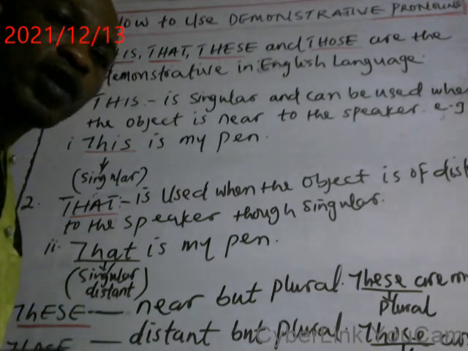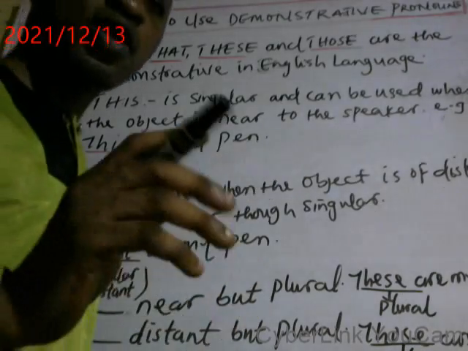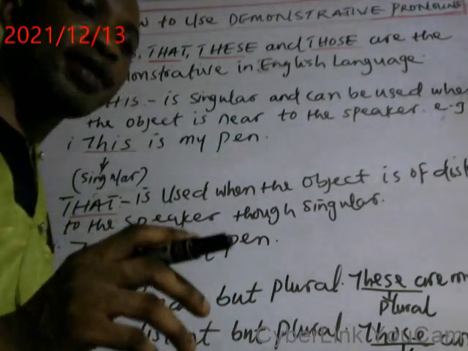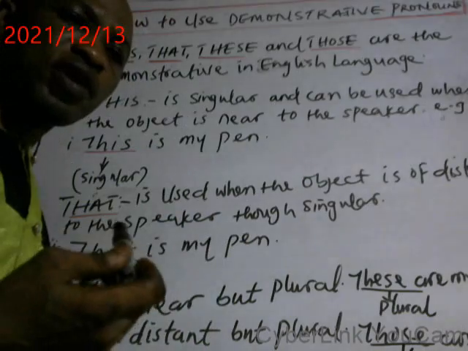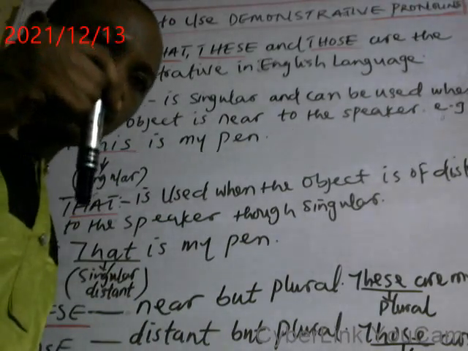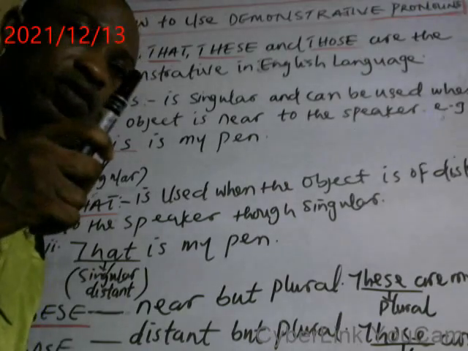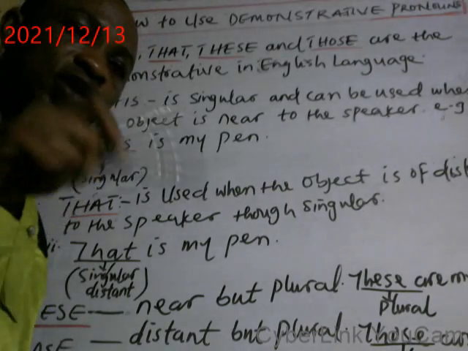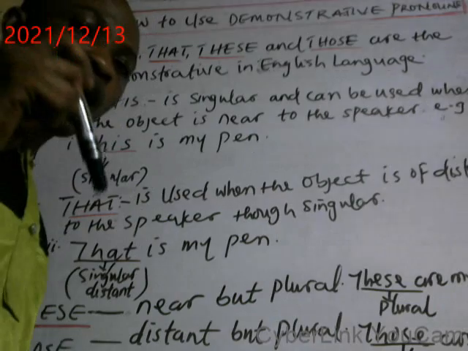Now, for example, you can see me holding a marker, right? When you look at this marker, this is what? Singular. Are you getting it now? Because it is one. Anything one is singular in English language.